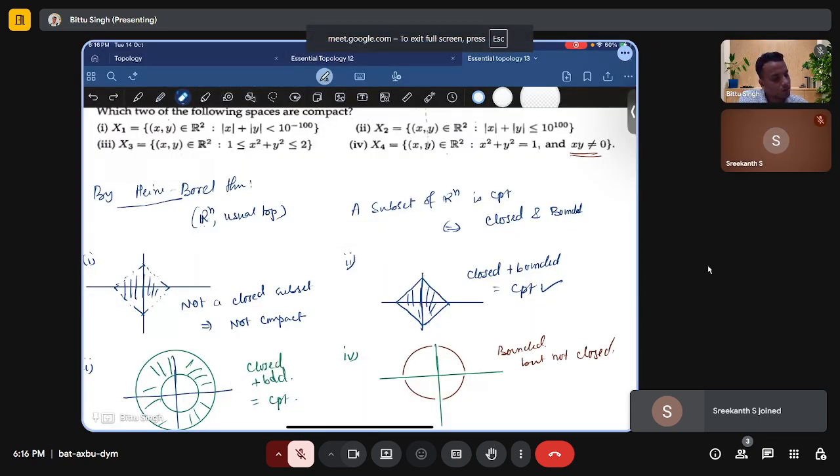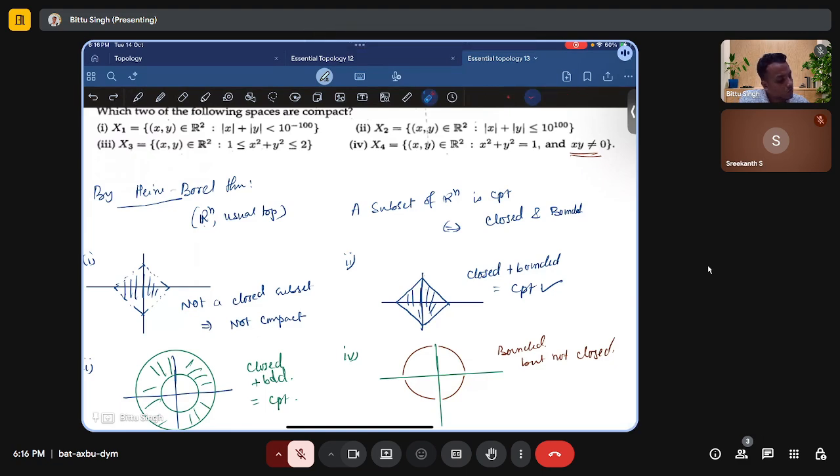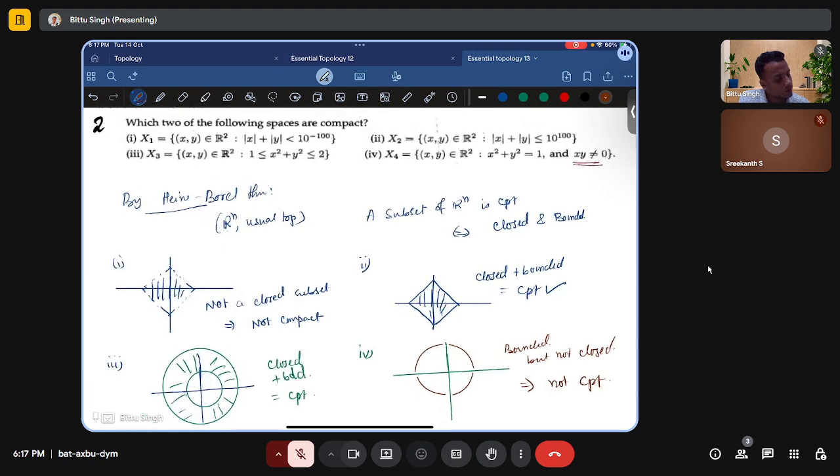This is not closed because if we take this point, then every neighborhood will intersect the given region. Therefore, this is not closed and hence it is not compact. So the only correct options are this and this. 1 is not compact, 4 is not compact.